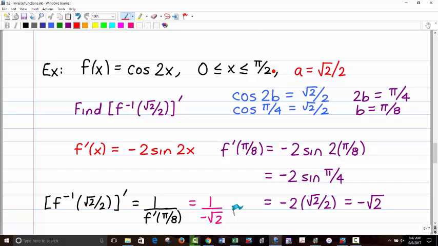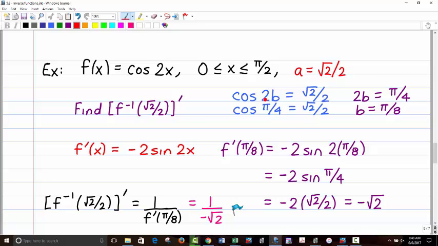So I want to find the derivative of f inverse at the square root of 2 over 2. So I've got to find the b value, where cosine of 2 times b is square root of 2 over 2 in this interval. Now what I did, I didn't worry about the 2 till I came over here. But just think about it this way. Let's just get the angle that we're looking for to be square root of 2 over 2. Well, the cosine of pi over 4 is the square root of 2 over 2.